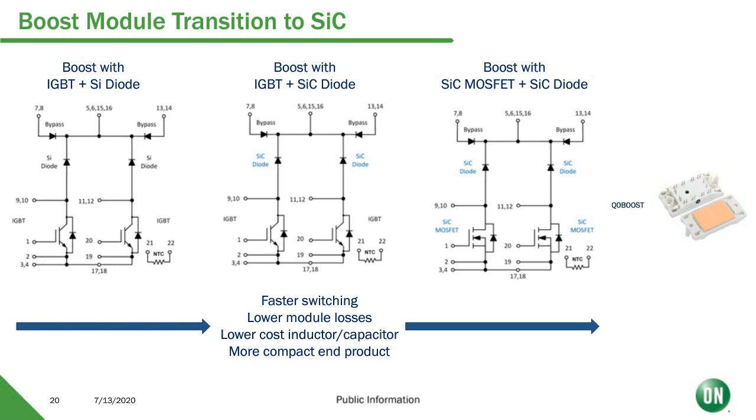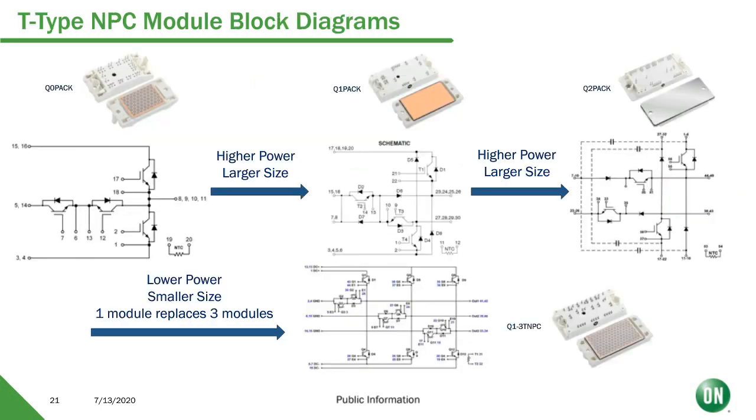Then in terms of the output stage, again, we commonly see a T-type neutral point clamp topology being implemented here. There are different ways you can do this circuit, and we see a transition happening more and more to hybrids, where they're replacing the diodes again with silicon carbide diodes to increase the performance.